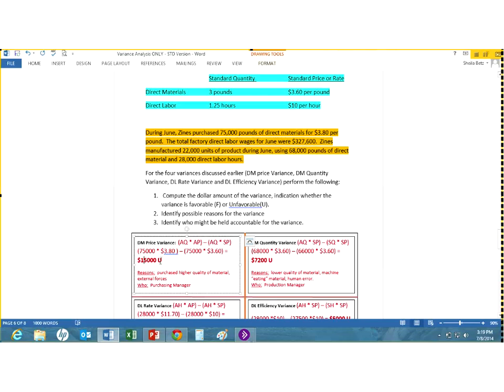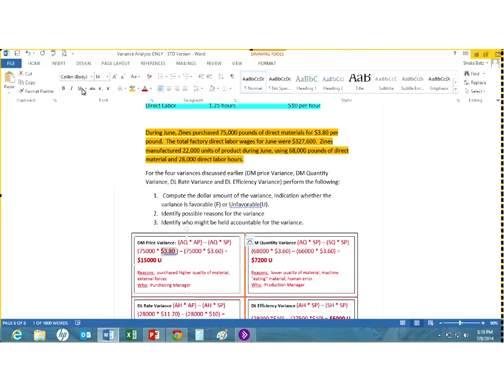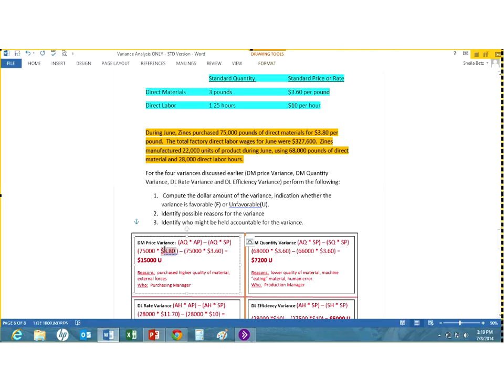But how did I already know it's U, it's unfavorable? Well, basically, what we're doing here is we're comparing the actual price of $3.80 to the standard price. So if I compare the $3.80 to the standard, we paid more than what we had expected. If we pay more than what you had expected, that's unfavorable.